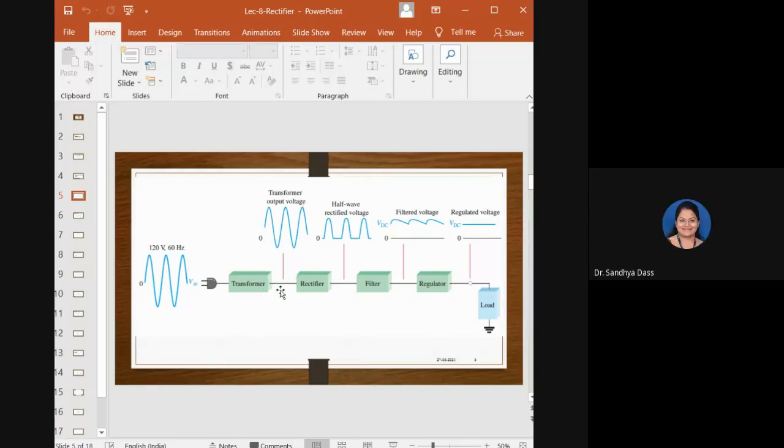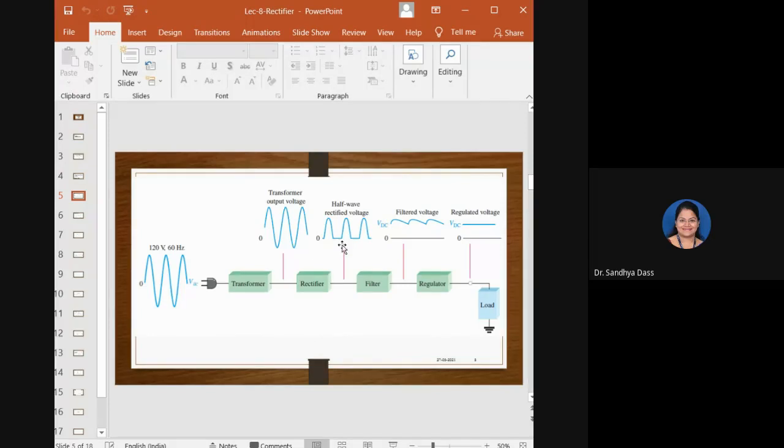The next stage, as you can observe from the power supply block diagram, is the rectifier circuit. The rectifier can be a half wave rectifier or full wave rectifier. In the figure, a half wave rectifier is shown. This rectifier circuit converts the AC input voltage from the secondary of the transformer to pulsating DC.